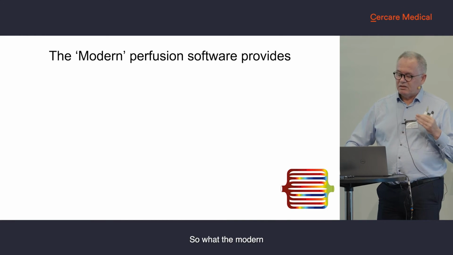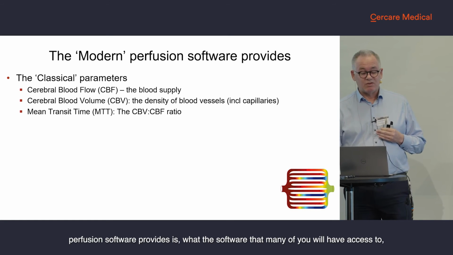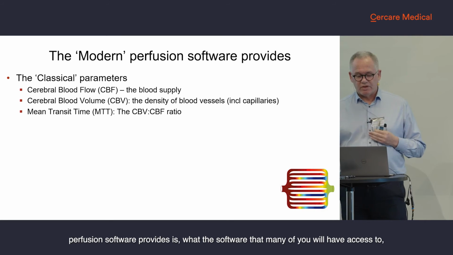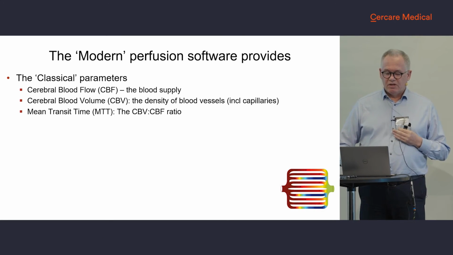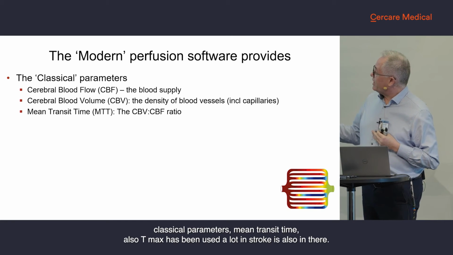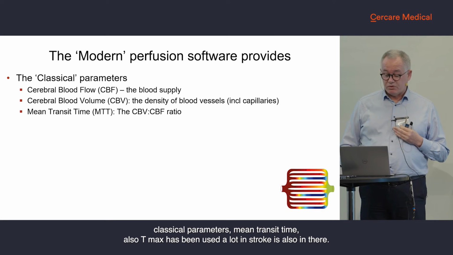So what the modern perfusion software provides, the software that many of you will have access to, is classical parameters, mean transit time, and also Tmax, as has been used a lot in stroke.